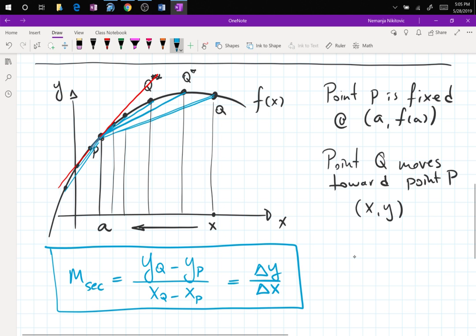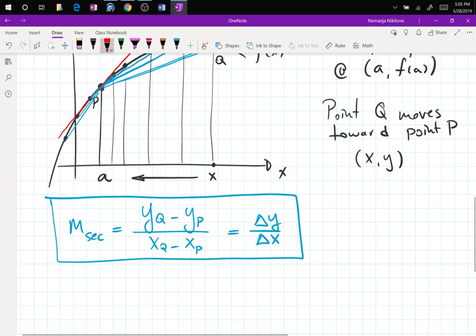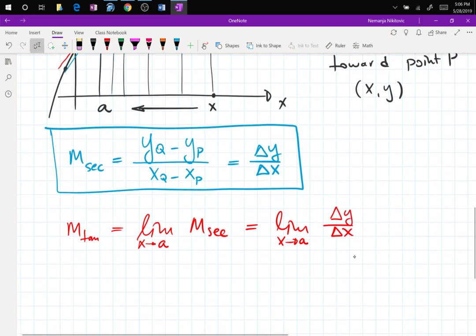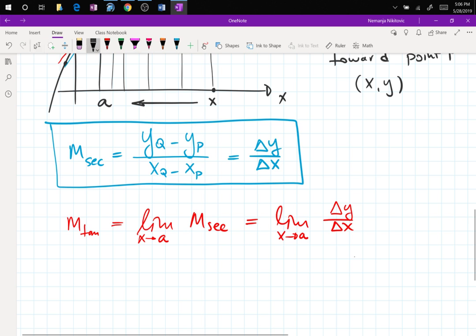So it seems that in order for us to calculate this special red line, which we'll call tangent, we will take the limit as x goes to a of m secant, which is the limit as x goes to a of delta y divided by delta x. So now I would like to develop that formula.